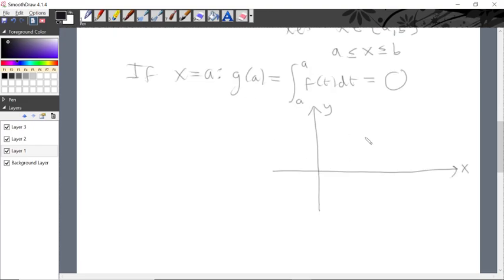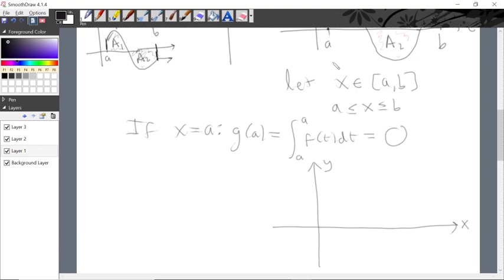Okay? If x is equal to a, this is where a is located, and the output of g at a would just be 0. So this point would exist with coordinates a, 0. So if we're graphing y equals g of x, if we plug a into that, right, the output is 0.